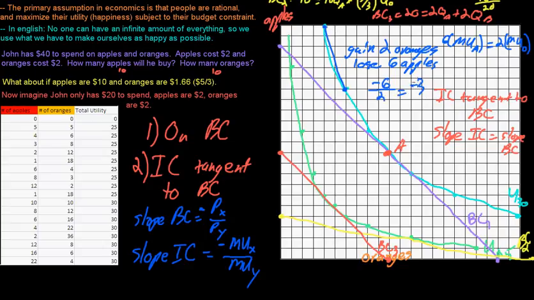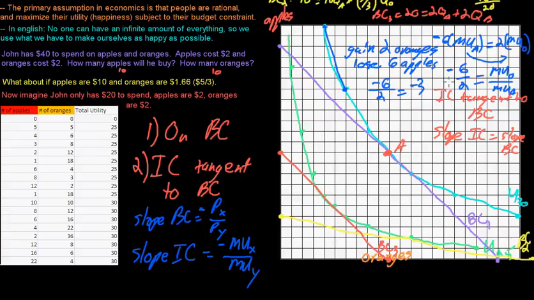And that's exactly what we got here: the marginal utility of oranges, the marginal utility of what's on the x-axis, divided by the marginal utility of apples is equal to 6 over 2. And we know that we are losing 6 apples, so there really should have been a negative sign here to start.